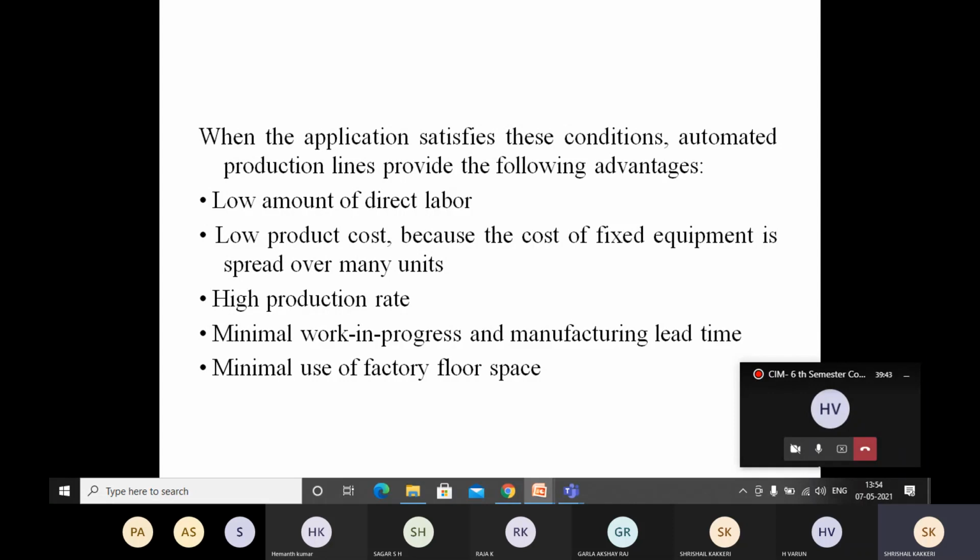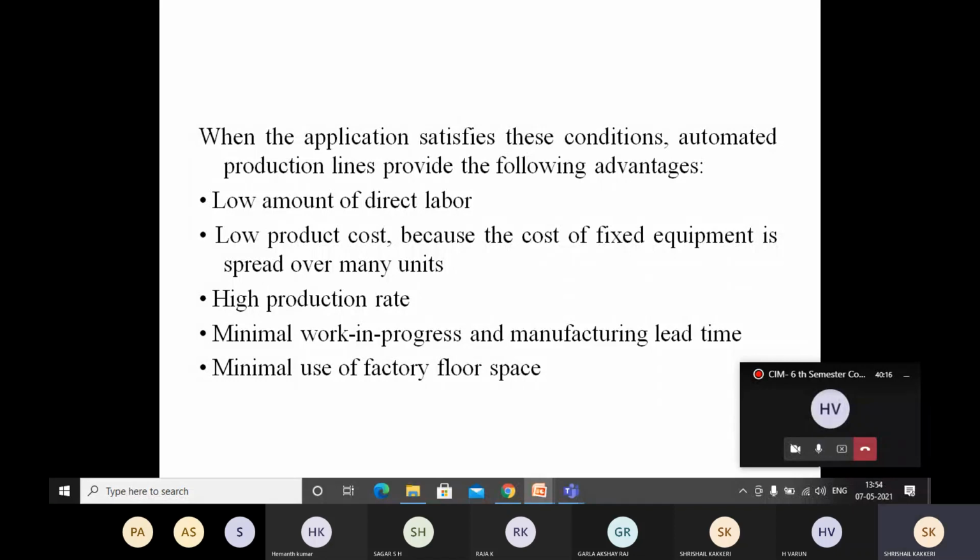And minimal use of factory floor space, because as in the beginning, the main idea behind going for integration is multiple operations on a single station and simultaneous operations on a single station. Two very important terms. Simultaneous operations means that while one operation is being done, another operation is done in parallel on the same station.